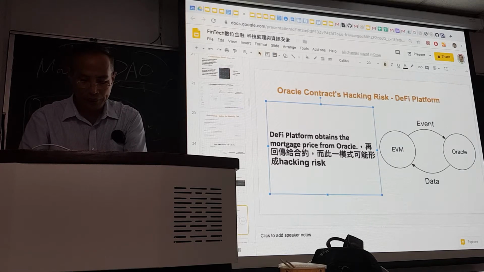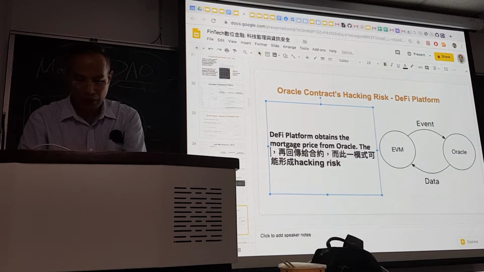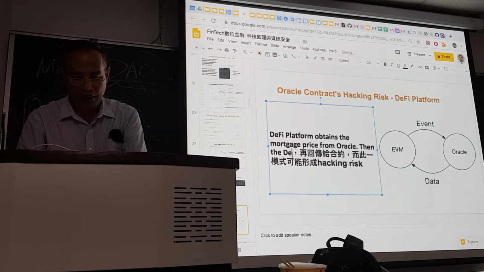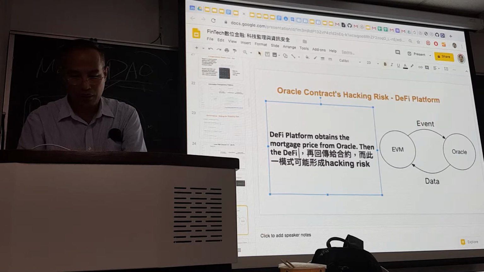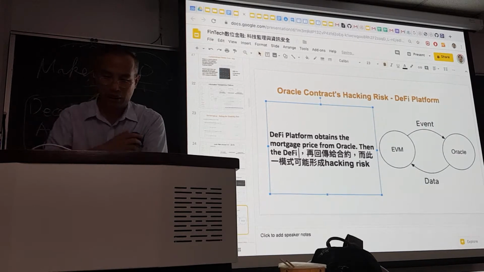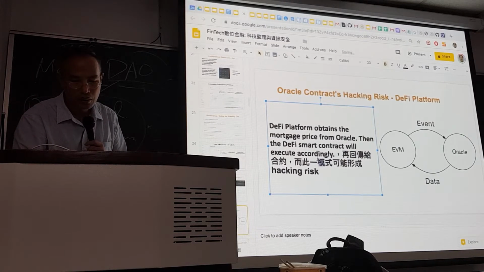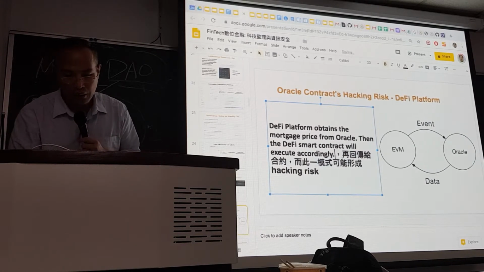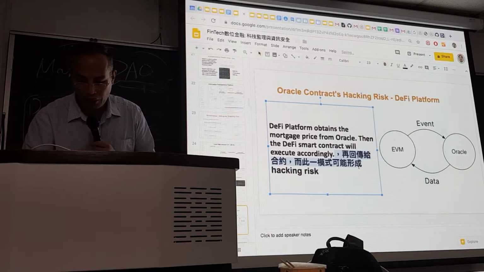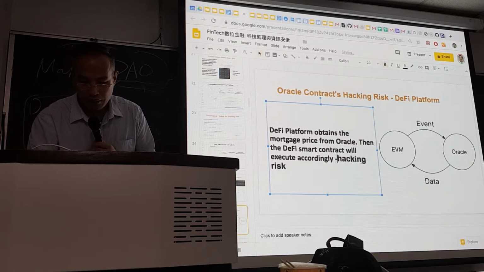Okay, and then the DeFi smart contract will execute accordingly.